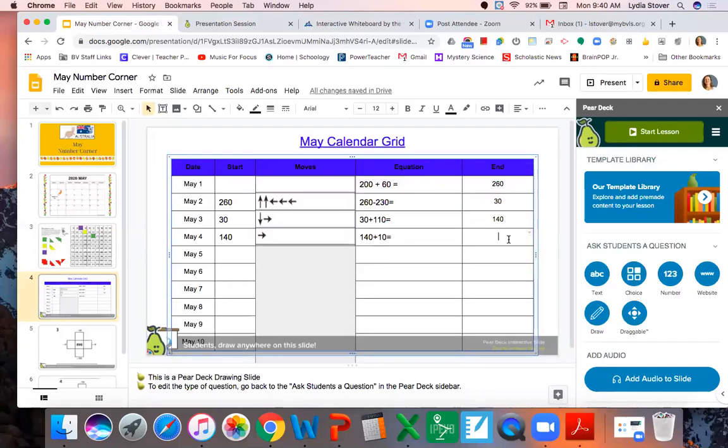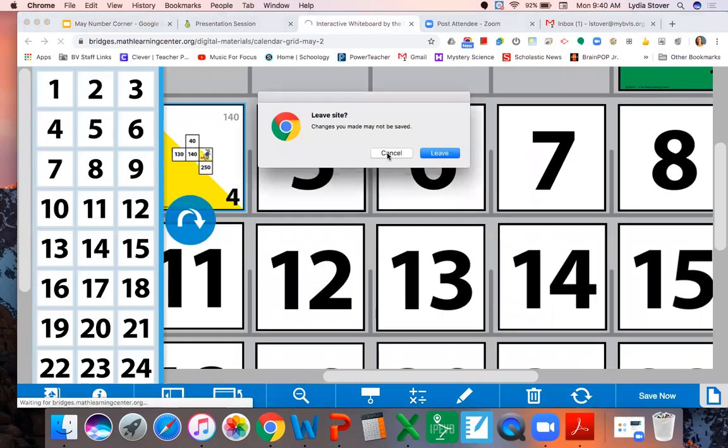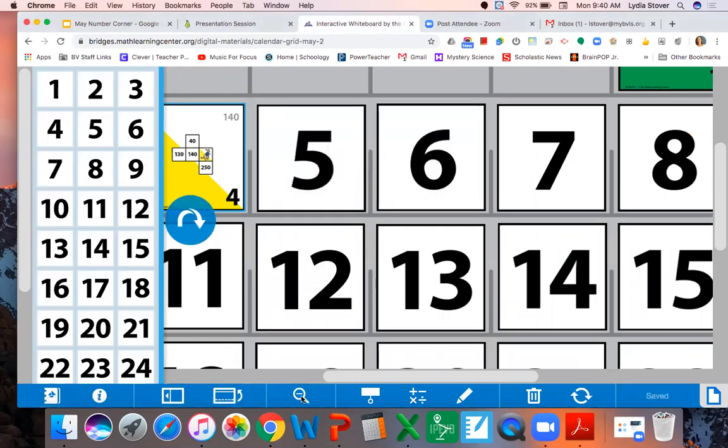All right, so I see a lot of you have put 150. Very good. If you look at the color again, this bottom half on the left was yellow.